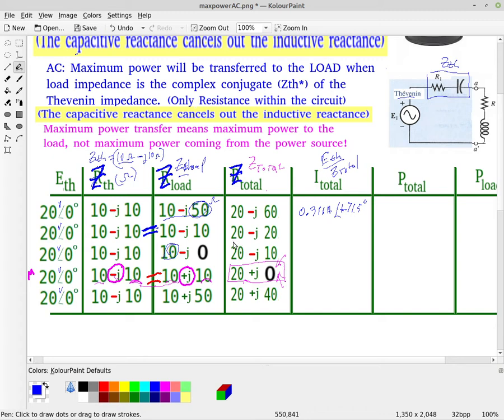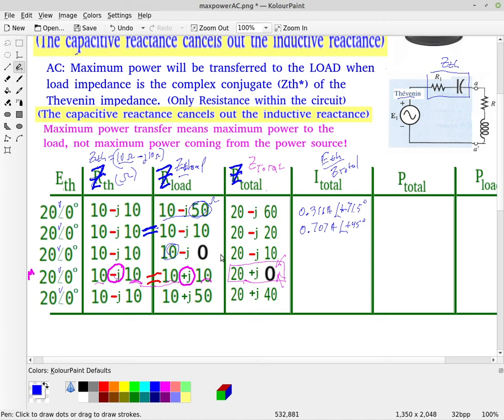In the next case, I've got 20 minus J20, right? And we can just guess that's going to be 45 degrees. So that's going to give me a current of 0.707 amperes with a positive 45 degrees.